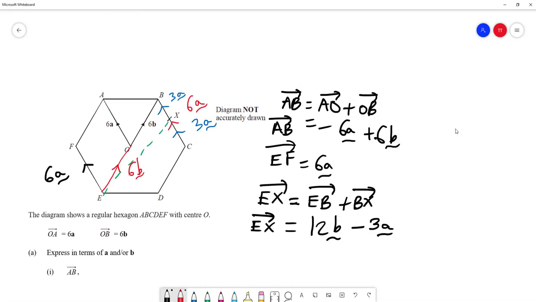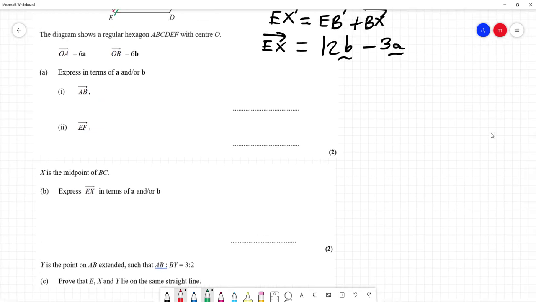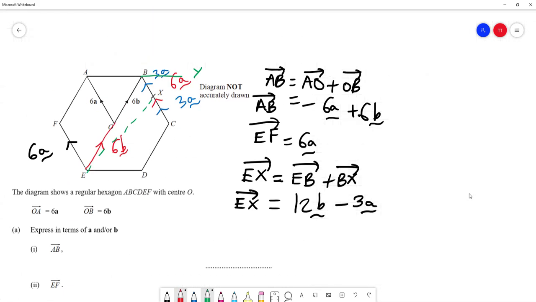I'm going to extend the line slightly and put Y here. So that's going to be 3 out of 5 and 2 out of 5. But the problem here is we don't know what the entire line AY is, but we do know the vector AB.